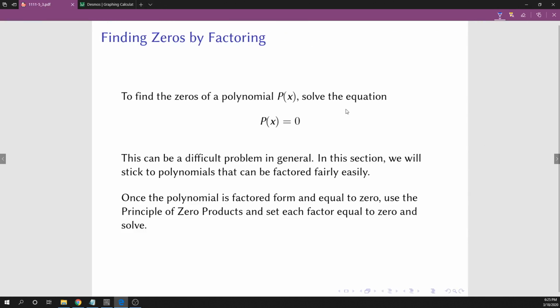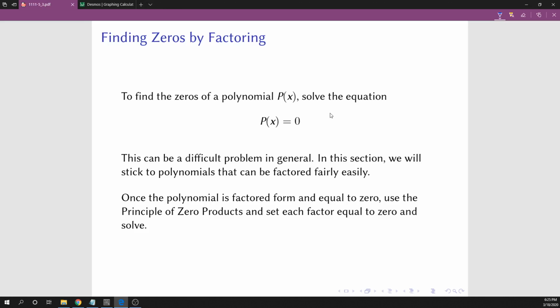A big part of what you would want to do with polynomials, and historically a big problem, is to find all of the zeros of the polynomial. We've been doing this all along, just really haven't phrased it in these terms.